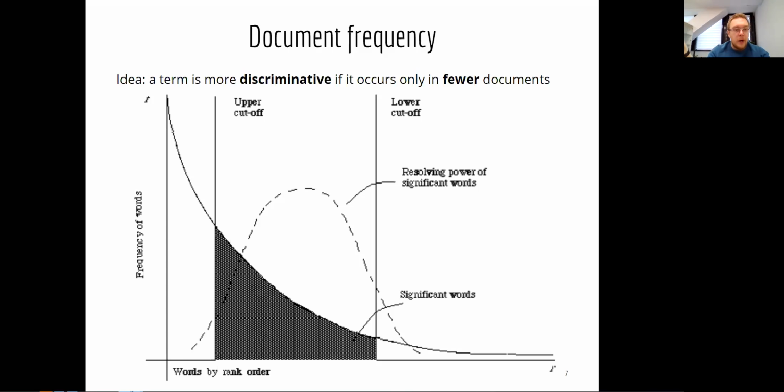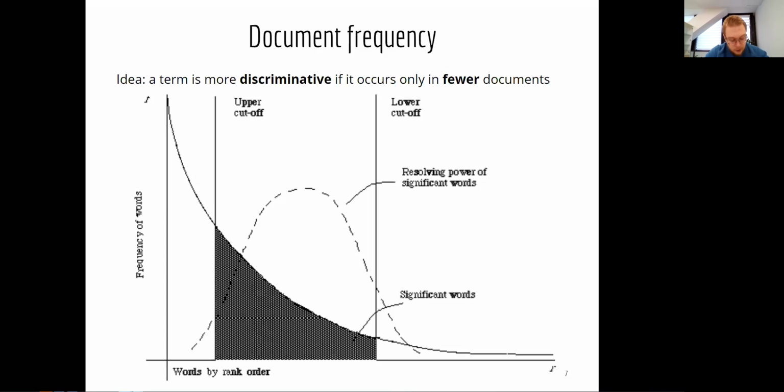Then you sort by the number of appearances, and you will observe that the frequency of appearance of the word is 1 divided by the rank. The first word will appear in some number of texts, let's say in every text. Then the second most frequent word in the language will appear in half of the texts. The third most frequent word will appear in 1/3 of the texts, and so on.